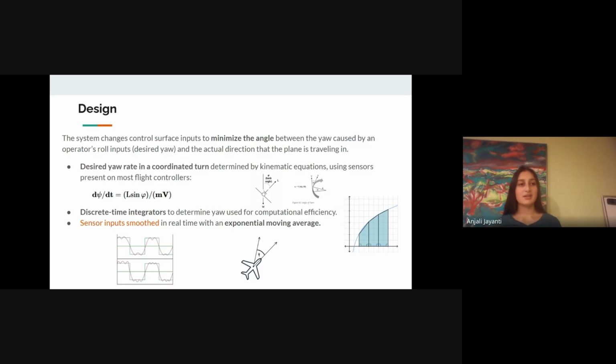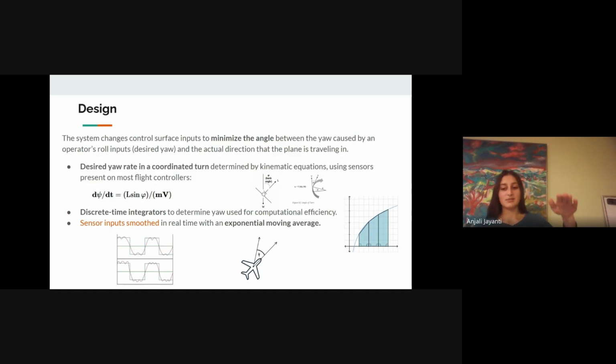So this algorithm tries to minimize the angle between the desired yaw, desired by the operator, and the actual direction that the plane is going. The desired yaw is interpreted from the controller's RC inputs for roll.